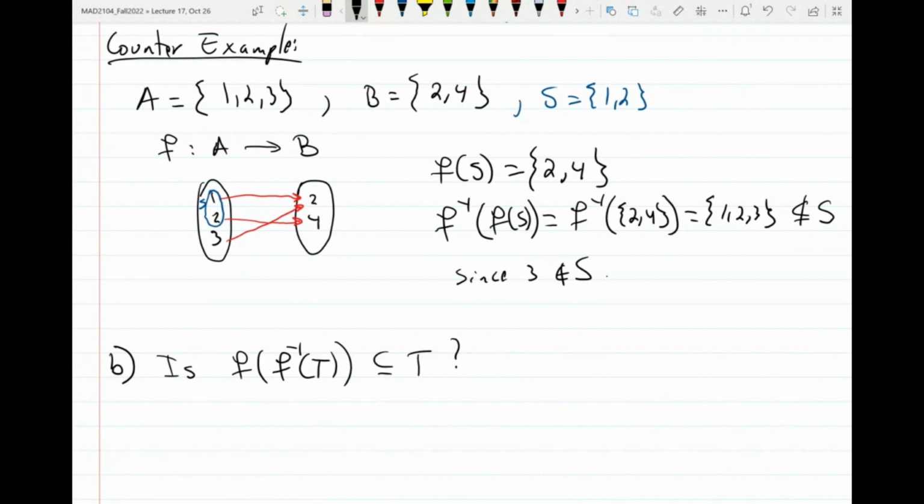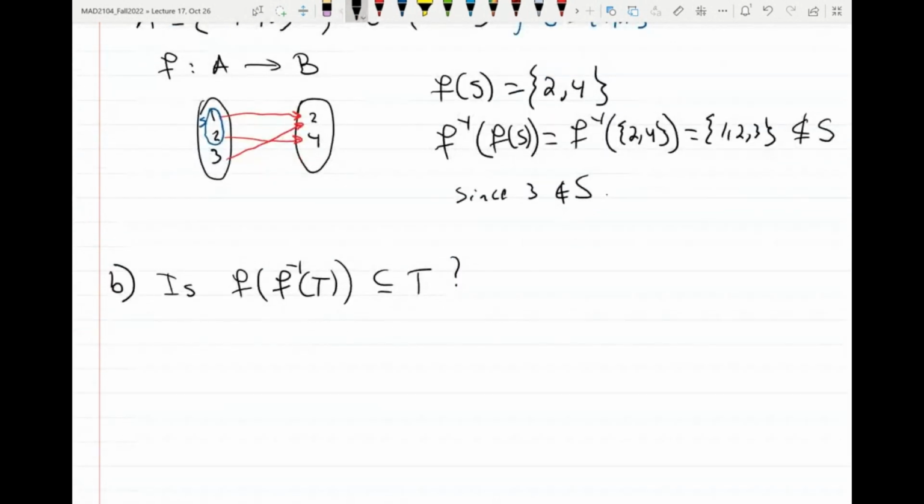Why? Because it's in the B column. Because this is a subset of B, right? Remember, you started in B, you went back to A, but now you come back to B. So you should use lowercase b. Don't use a. I mean, you can use whatever you want, but it will be super confusing if you use little a. Okay? So let little b be an element here.